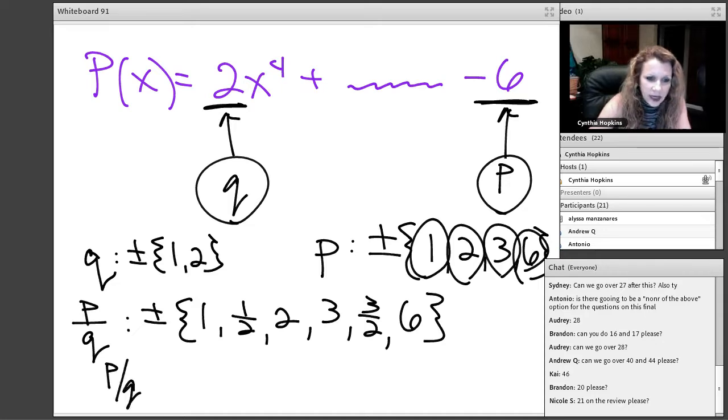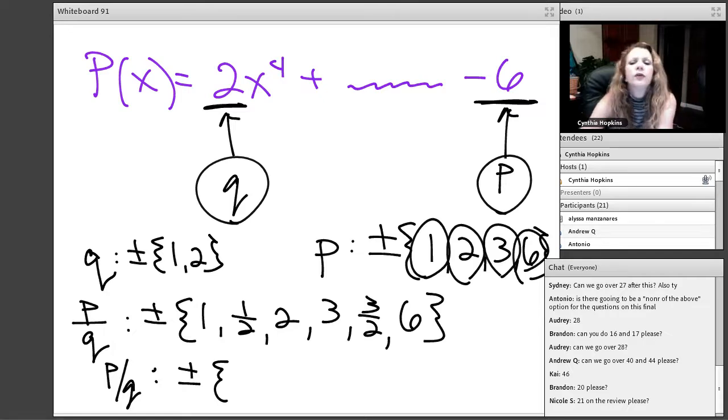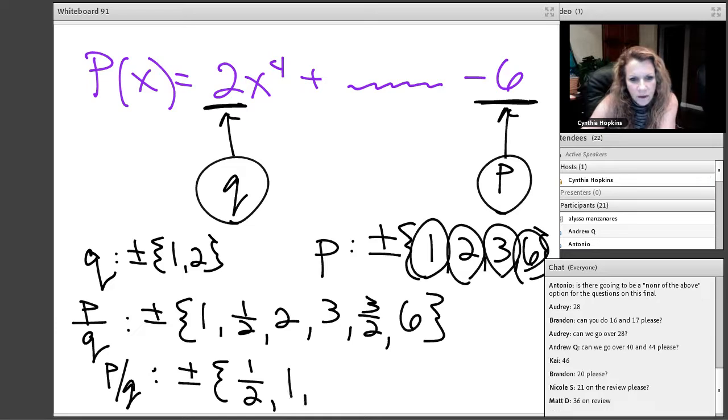And then my last step is to write this in order from smallest to largest, because when you're looking for zeros of a polynomial, if there's a sign change, let's say between 1 and 2, I would like this list to be in order. Let me do it in order, and then I'll finish that comment. I have 1/2, then 1, 3/2, then 2, then 3, and 6.